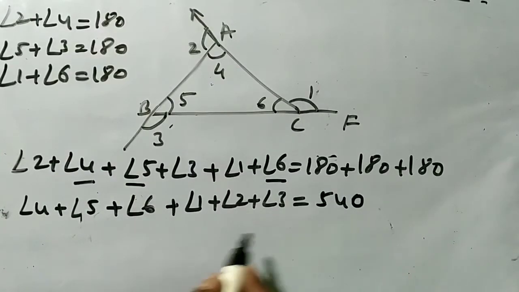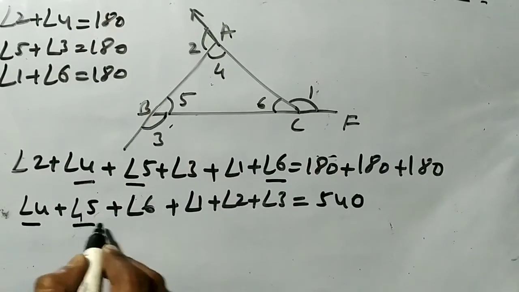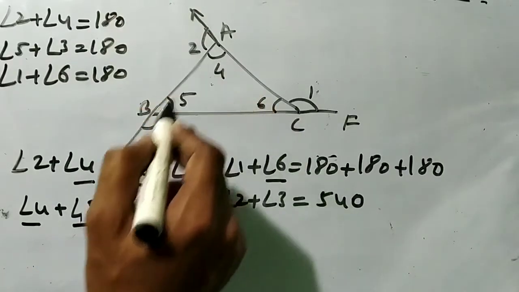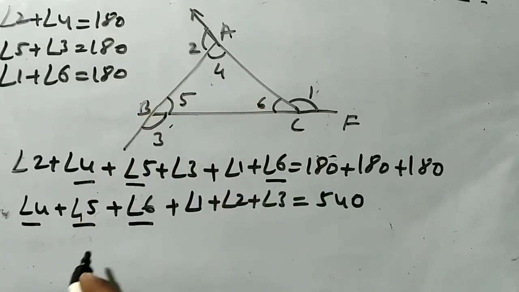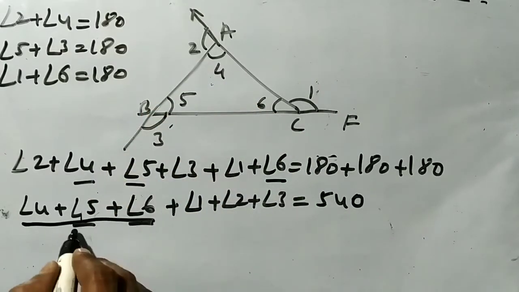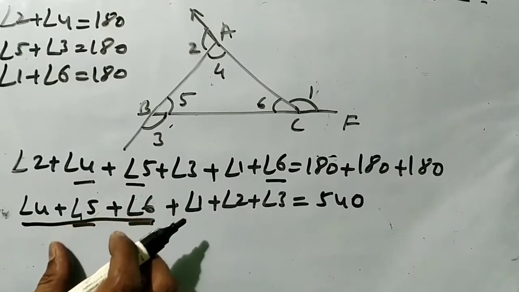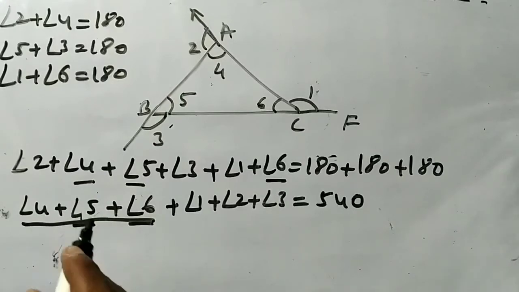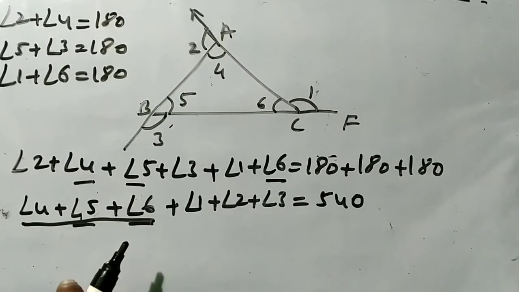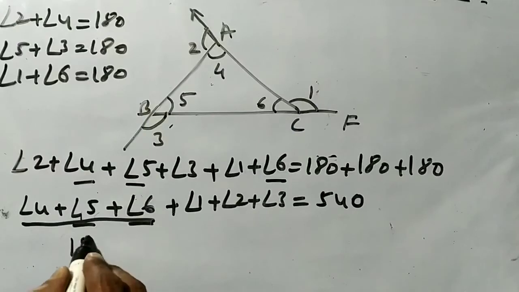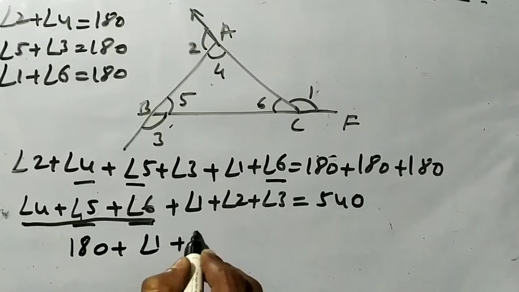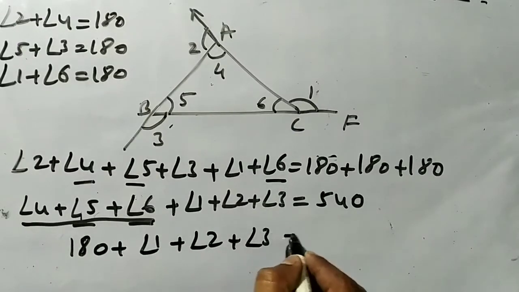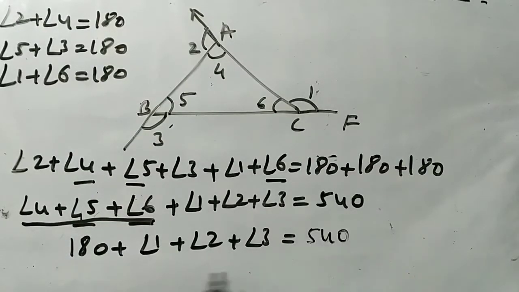We know already that angle 4 plus angle 5 plus angle 6 are the interior angles, and the sum of interior angles is equal to 180. So let's substitute 180 for angle 4 plus 5 plus 6. So 180 plus angle 1 plus angle 2 plus angle 3 is equal to 540. When 180 goes to the RHS, it becomes minus.